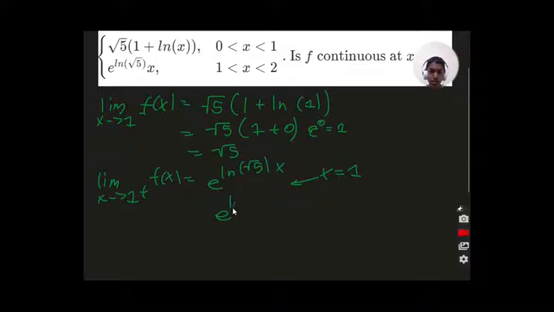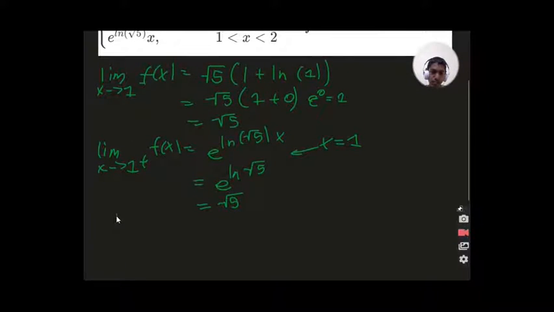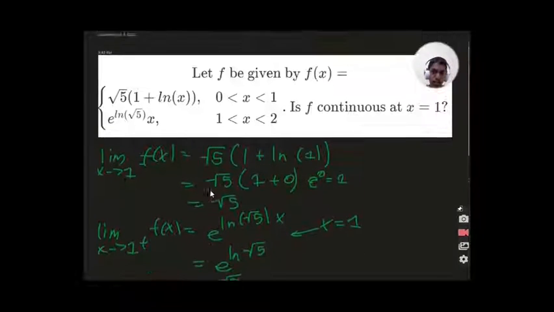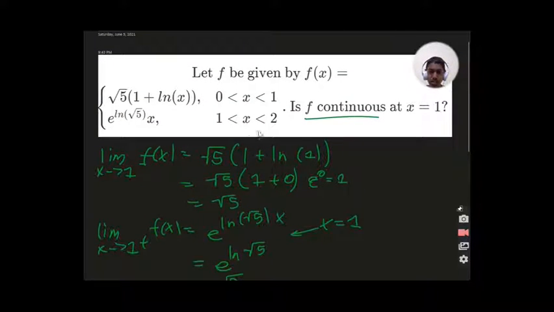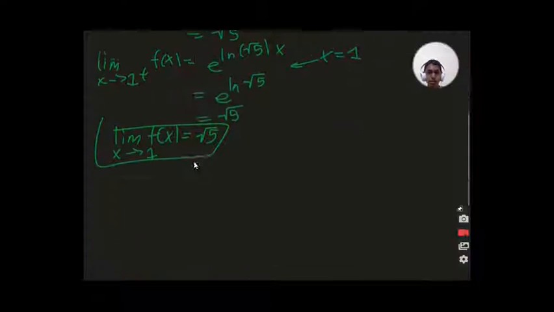Plug in x equals 1 and you just get 1, so it doesn't do anything. And then by log properties, it's just going to be root 5. So the limit as x approaches 1 is root 5, and you may be like, oh yeah, it looks continuous.